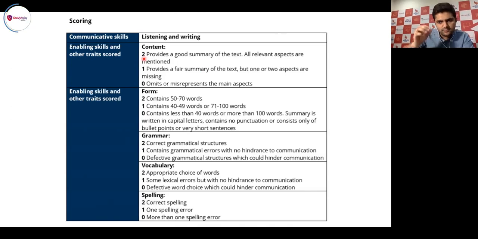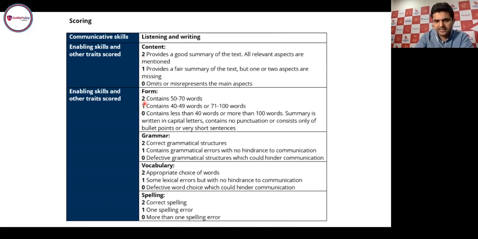You start by saying the main point first. What was the main viewpoint of that particular speaker? After that, in the following sentences, you can write down the supporting points. That would be the best way to get a 2 on 2 for content, and you cannot compromise on the content.